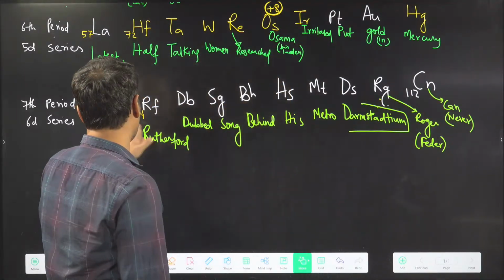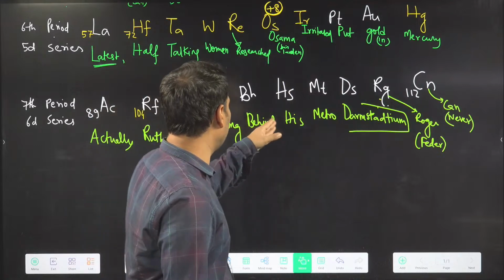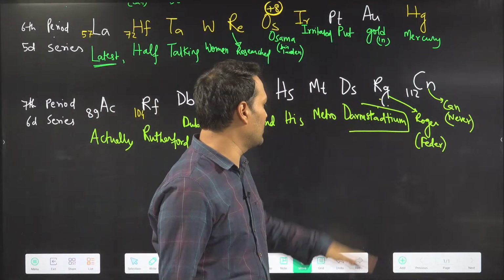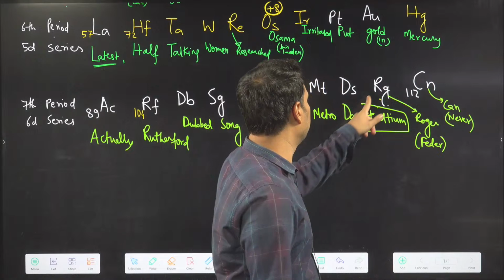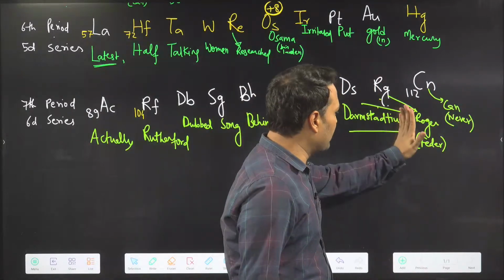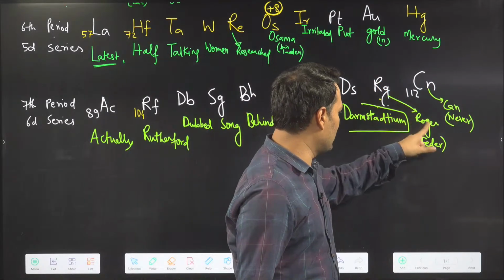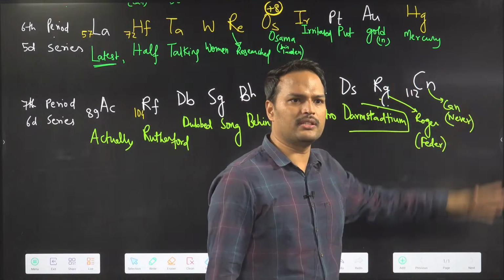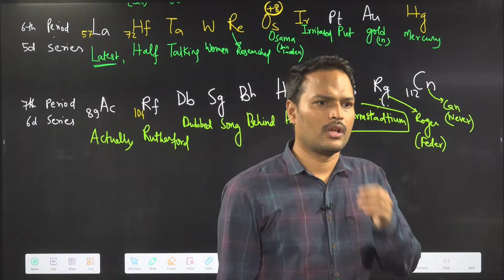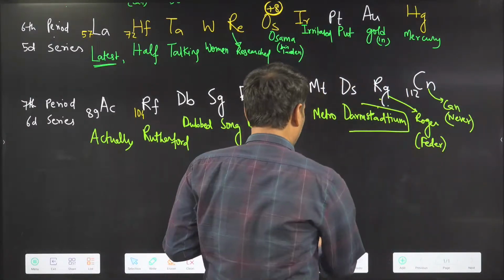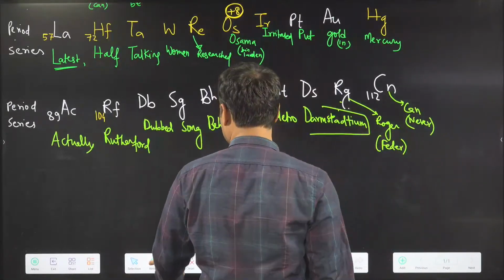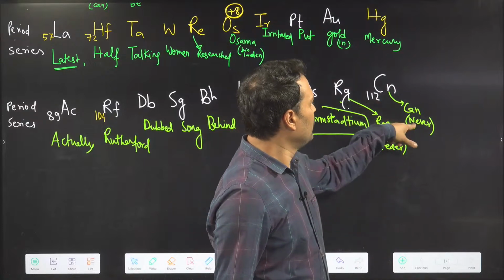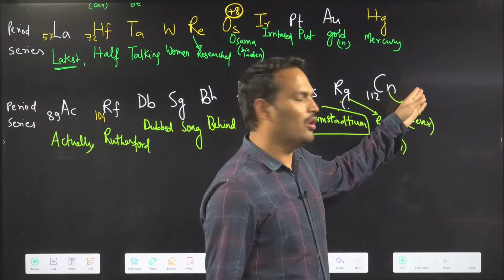So we are saying like this, actually Rutherford dubbed song behind his metro, Darmstadtium, your choice. Done. Then we are writing the next part, Roger can never. Do you know what is after this? Bindu, we will have to talk to your friends to get the notes. Can never, do you know after this?